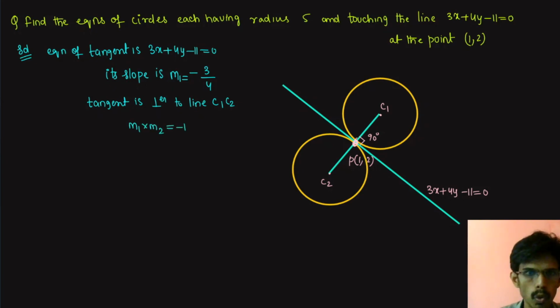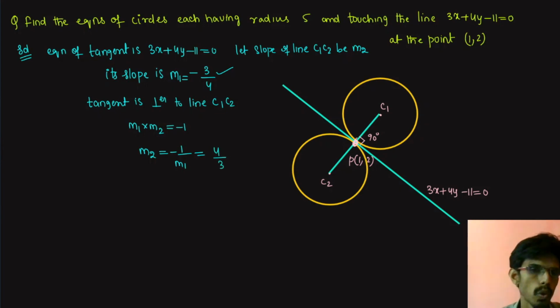Let the slope of the line joining C1 C2 be m2. So m2 will be minus 1 by m1, that is, the reciprocal with opposite sign. So the slope of this line C1 C2 will be 4 by 3.